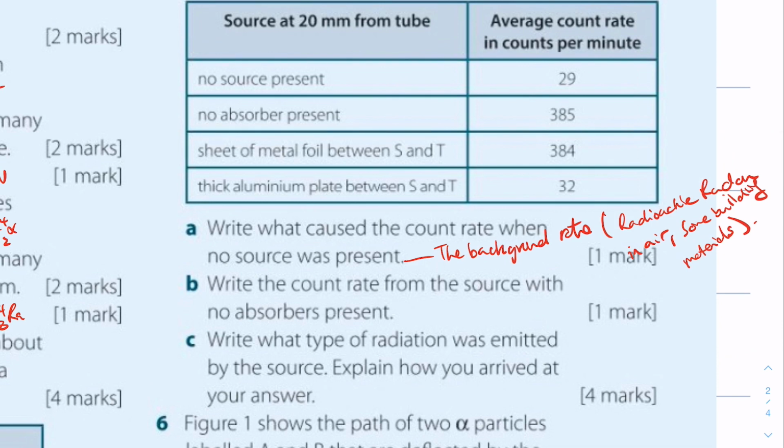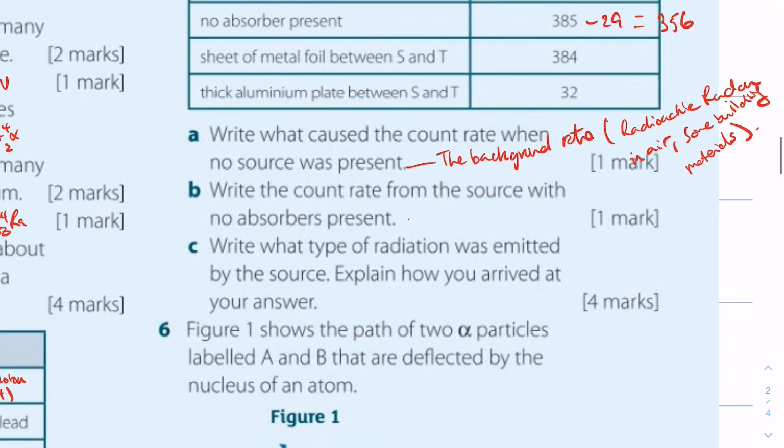So the count rate from the source is this minus the background rate. So the true rate from the source will be the total rate minus the number of counts per minute from the background. And so we've got 385 minus 30 plus 1, so we're at 356. So 356.